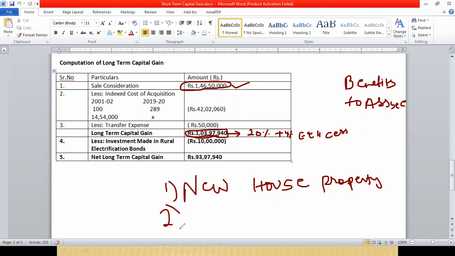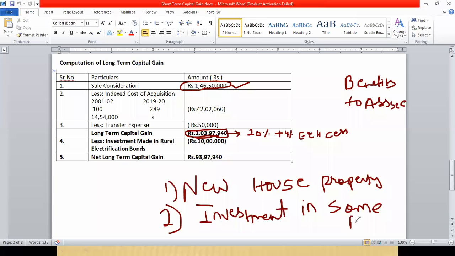Second, he can make investment in some bonds, securities. Like National Highway Authority of India, if they are issuing some bonds, he can make investment in that.